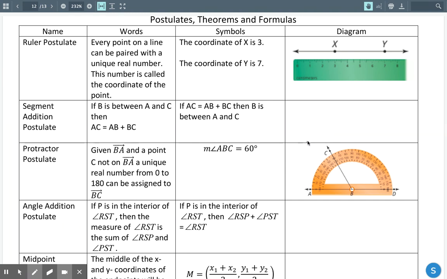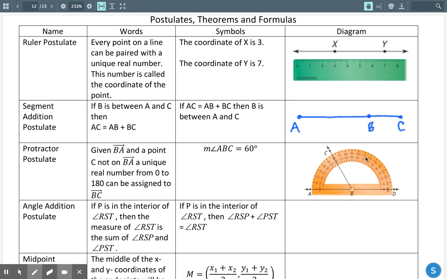Okay, so the segment addition postulate. It says if B is between A and C, so I'm going to draw a segment. So here's my segment. This is A, and this is C, and B is at a random point between the two. Doesn't have to be in the middle. It can be, but it doesn't have to be.